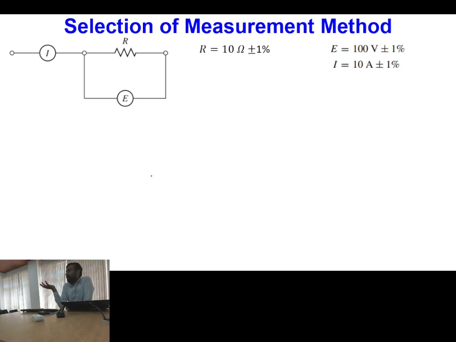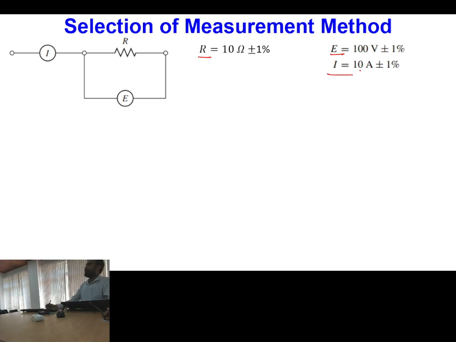For example, if you are calculating power from a circuit, you can do measurements of resistance, voltage, and current. Now you have three different options. You have a voltage measurement device, a current measurement device, and a resistance measurement device also. But you have to calculate power. So you have multiple methods.